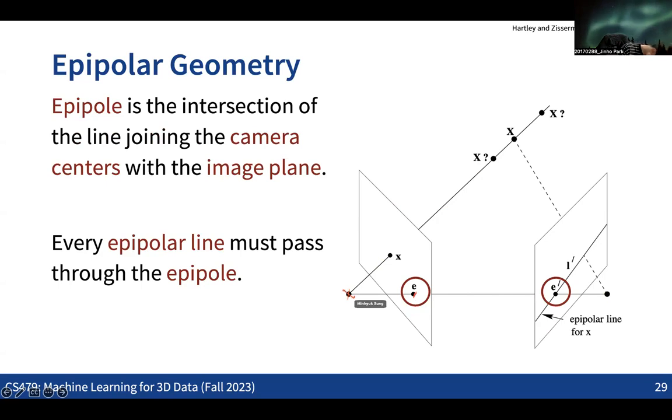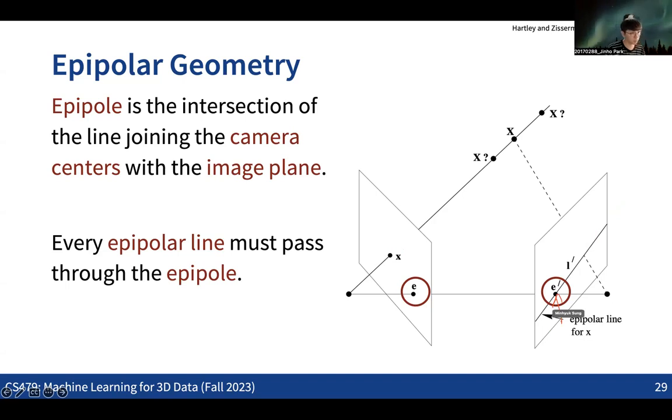So when you consider a line connecting the two camera centers, its intersection with each image plane becomes the epipole. Why do we care about this epipole? If we see all the epipolar lines coming from any random point, every epipolar line coming from any point on the other view should pass through the epipole.